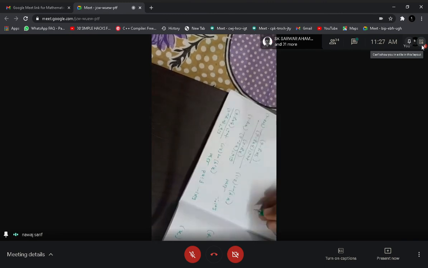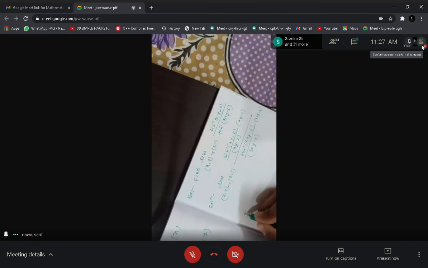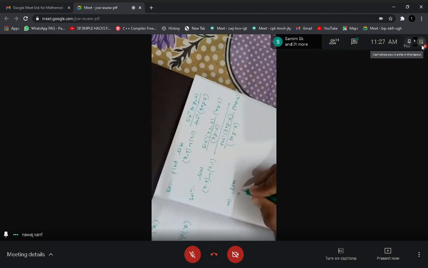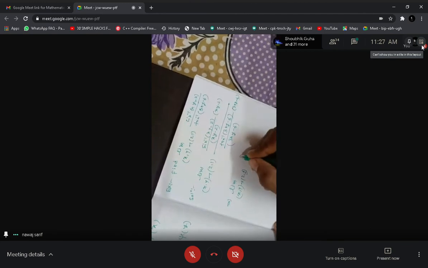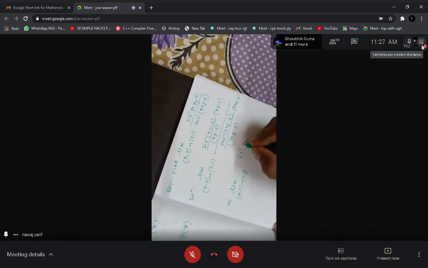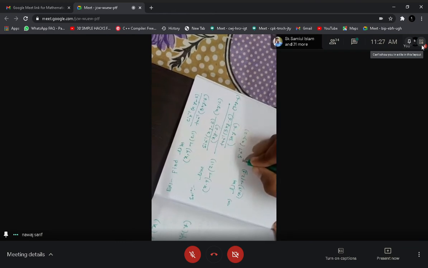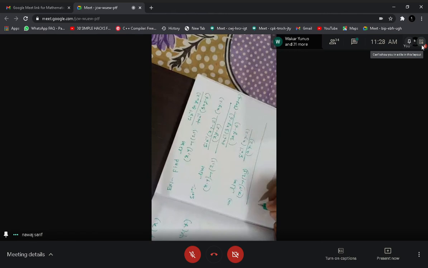So what is the limit of this function? The limit of (xy minus 2) by (3xy minus 6), as x, y tends to 2, 1, of sin inverse (xy minus 2) by (xy minus 2), and this one is what?